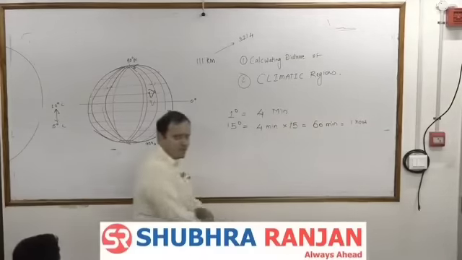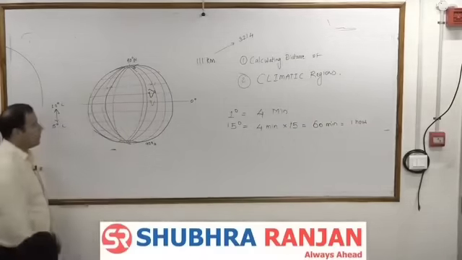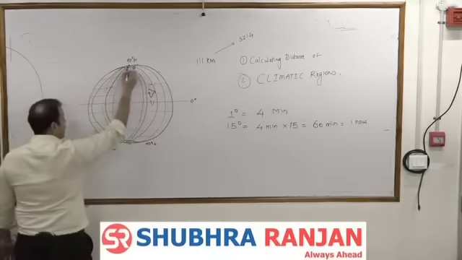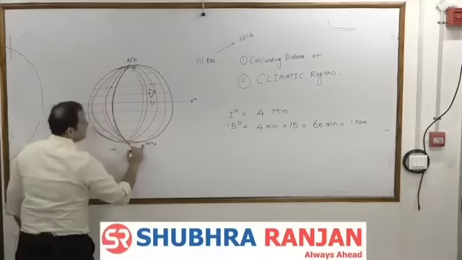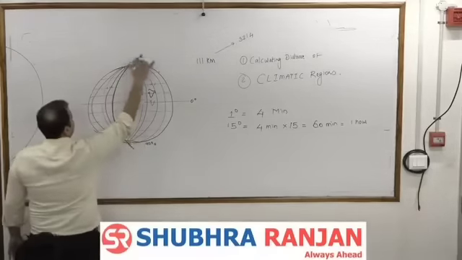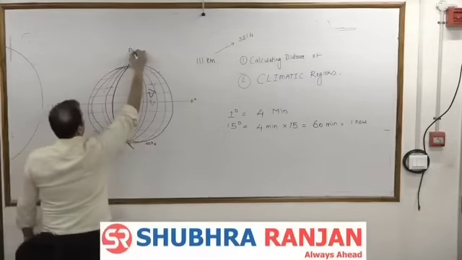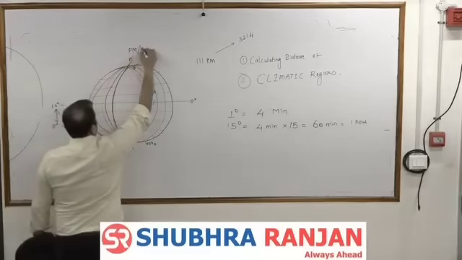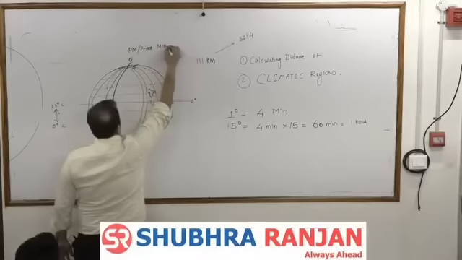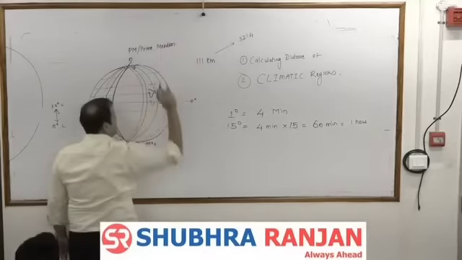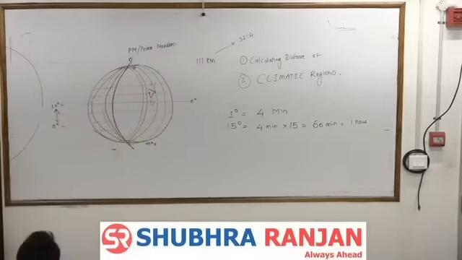How is this useful? We fix one longitude as the 0 degree longitude, and we call this the prime meridian. And does the sun rise in the east or west?